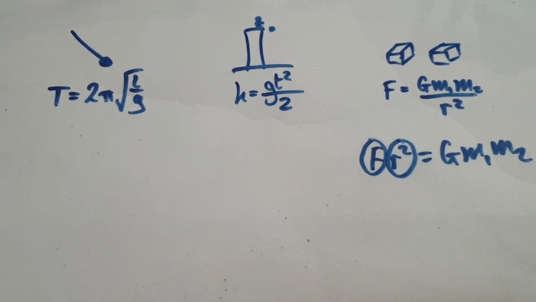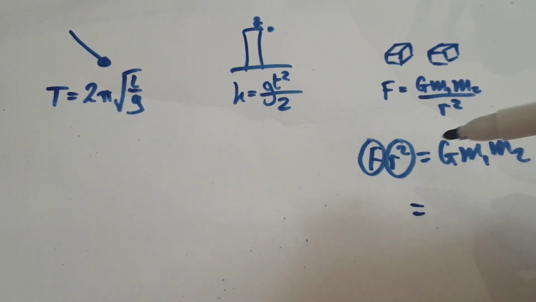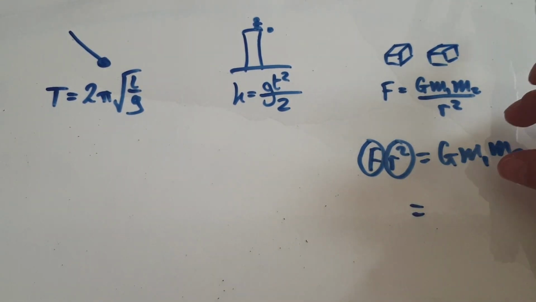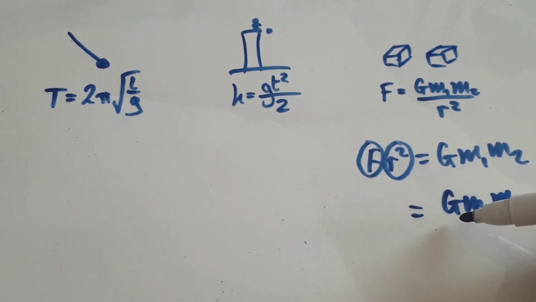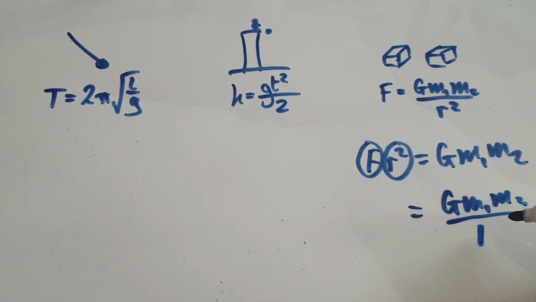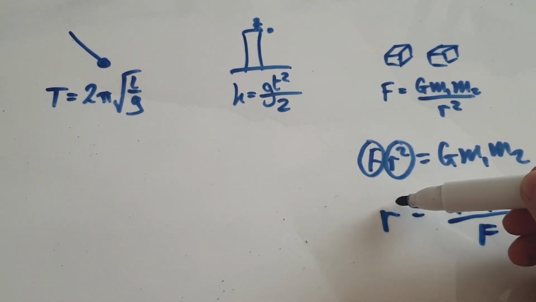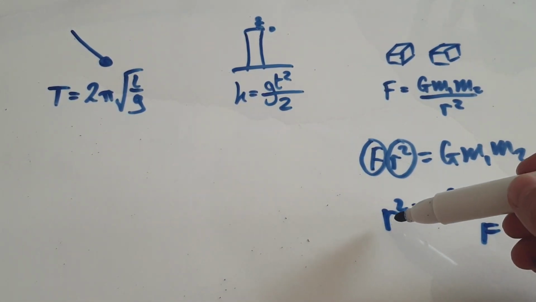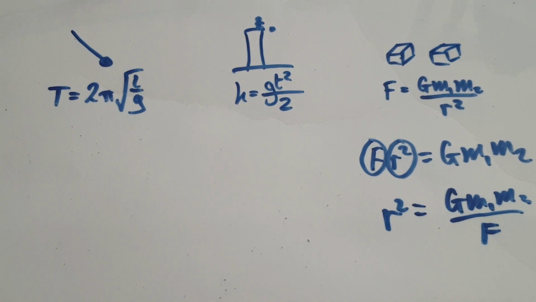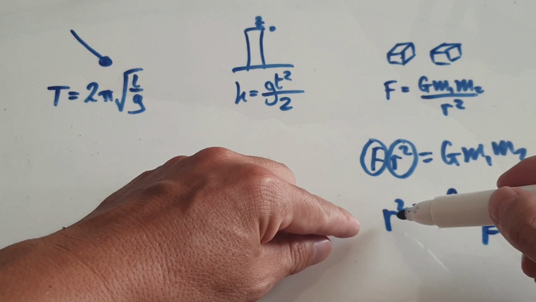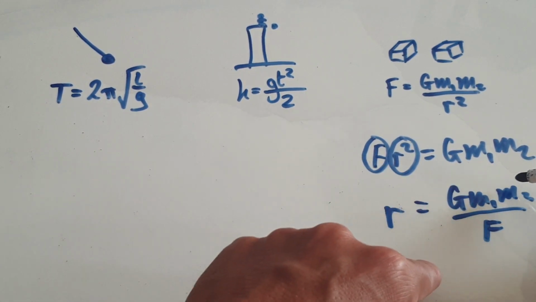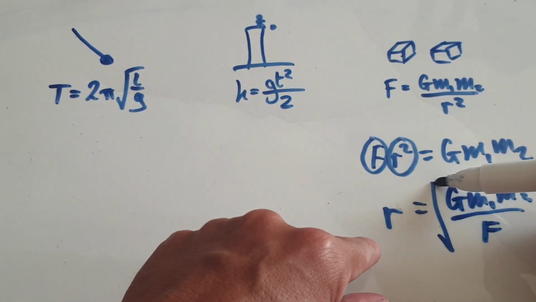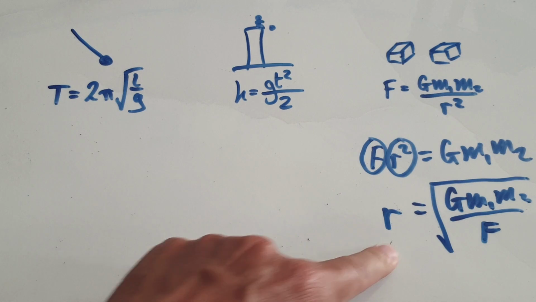Kill off the F. So in your mind, divide both sides by F. So take this whole thing down, G m1 m2 divided by F equals r squared. So now you want to get r on its own. So in your mind, square root both sides. So when you square root this side, it will be r. When you square root this, it will be the whole thing, and then you square root it. So r is now the subject. Okay?